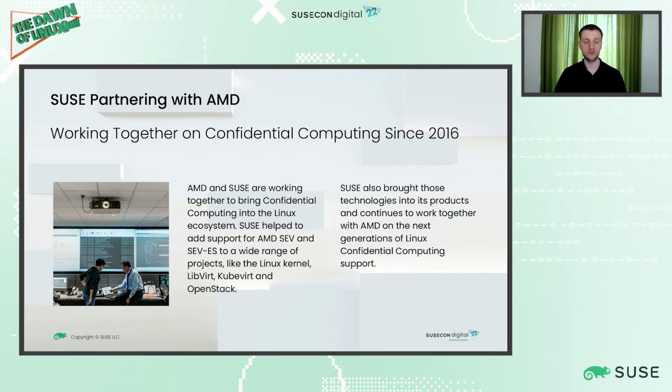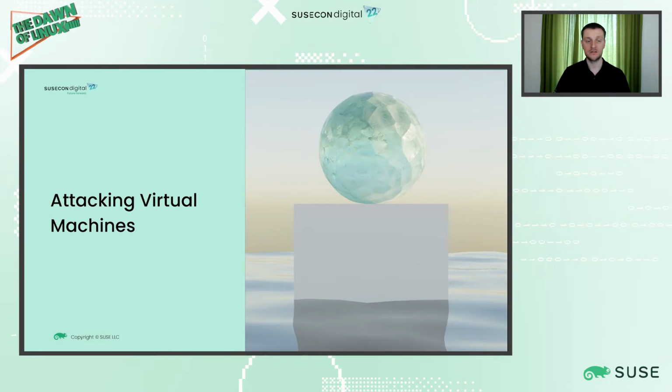The projects include the Linux kernel, libvirt, KubeVirt, and even OpenStack. This enables SUSE also to bring these technologies into its products and make them available for our customers. And we continue our work with AMD, and we are still working on the next generations of confidential computing support in Linux. So now let's get started.